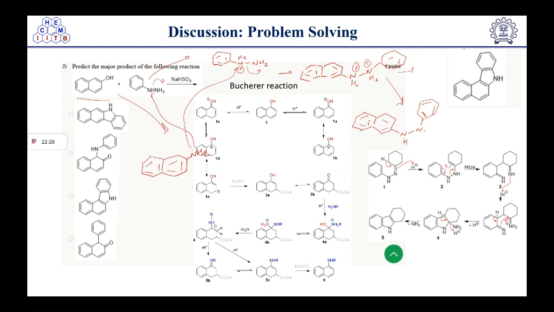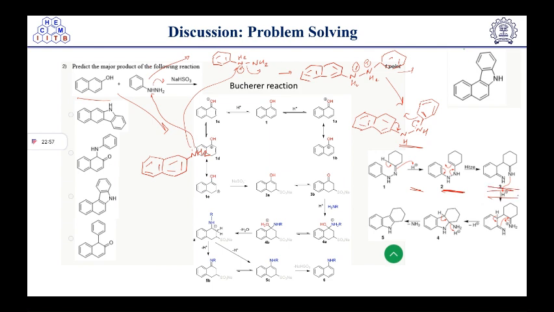It will look like this way. After this intermediate, everything will remain the same. So this lone pair will push here, this will go like this, and we'll get this intermediate.